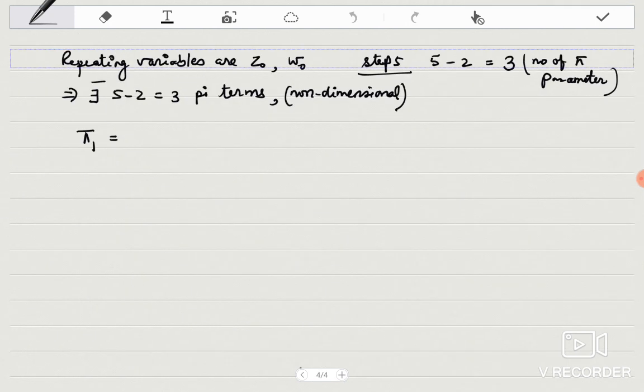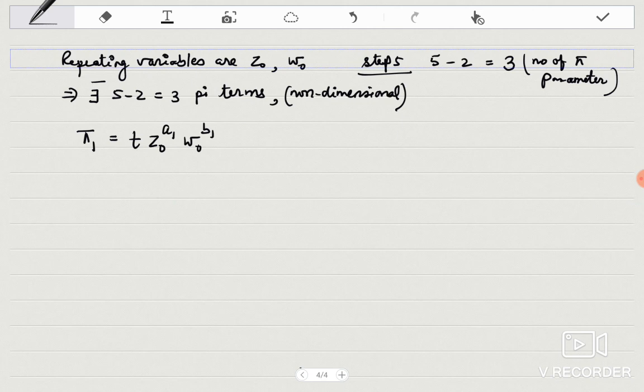Sequence is not so important. So I am writing pi 1. Pi 1 is equal to the time variable, then first you take the geometrical z naught. Suppose I write it raised to the power a1. Then w naught raised to the power b1. So what I did, these two are repeating variables.